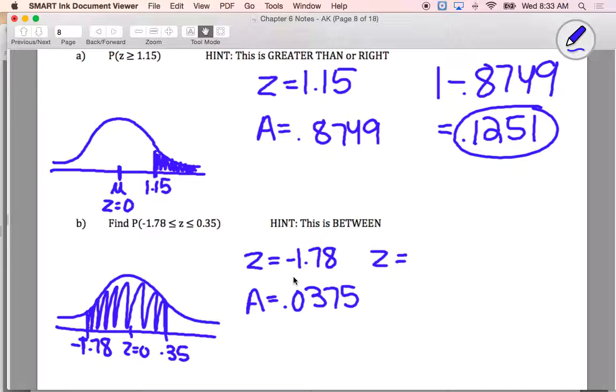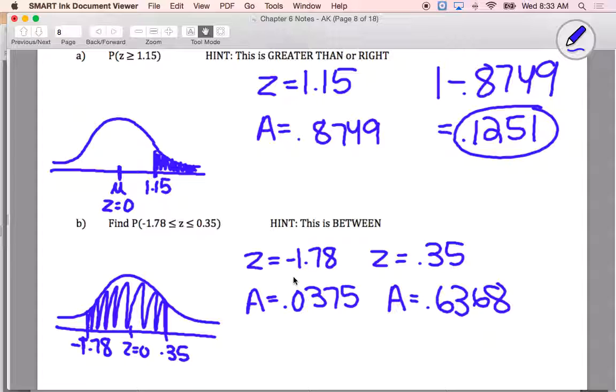Then if I have a z of 0.35, you're looking for the 0.3 in the z, and then the 0.05 column. So it's 0.6368.